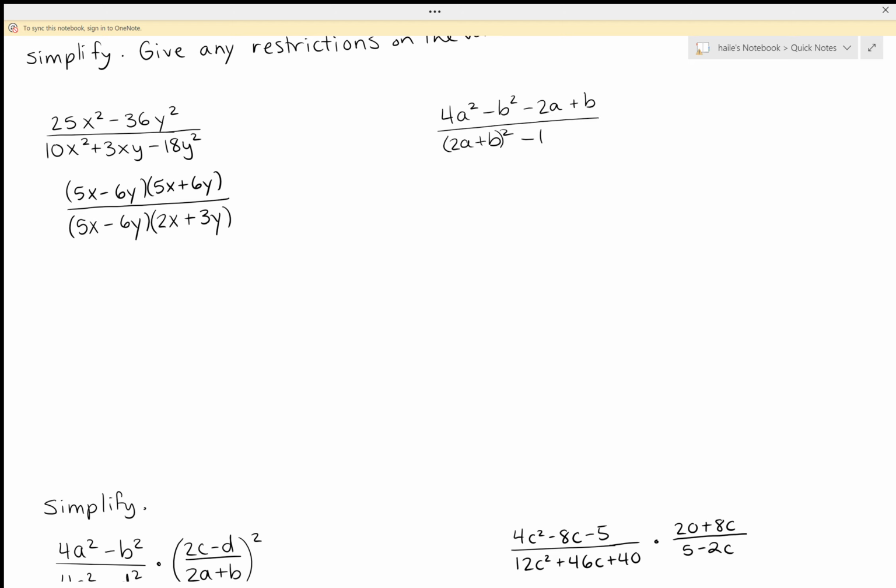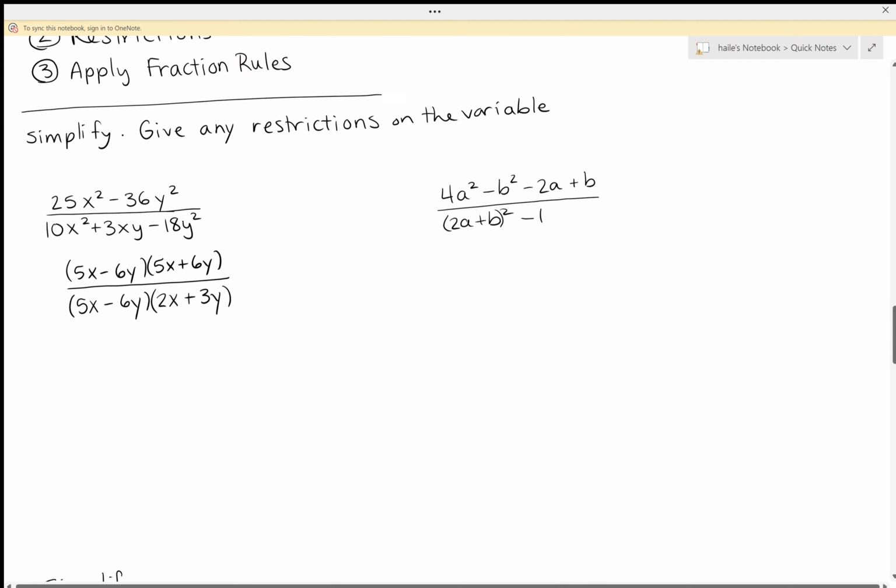Now the restrictions are going to be if we set each of these factors equal to 0, so let's see what we can do here. Actually, let's not worry about the restrictions for these, because your examples in class had 1 variable.